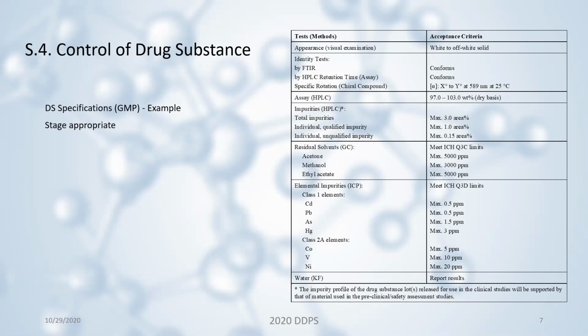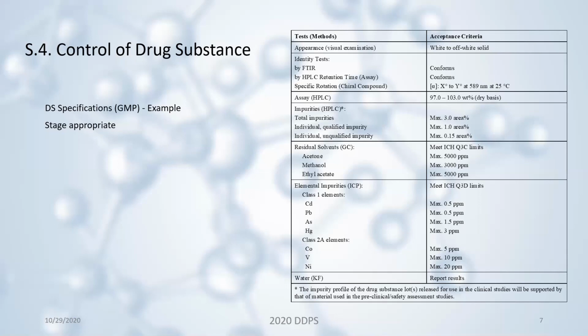And then I listed the ICP elemental impurities here. Class 1 and class 2A elements are mandatory for your drug substance, whether they are introduced in your process or not. If you use a palladium catalyst or others in the GMP process, you also need to test for that. You need to check the ICH Q3D guideline to see what is required, but what I listed here is required.